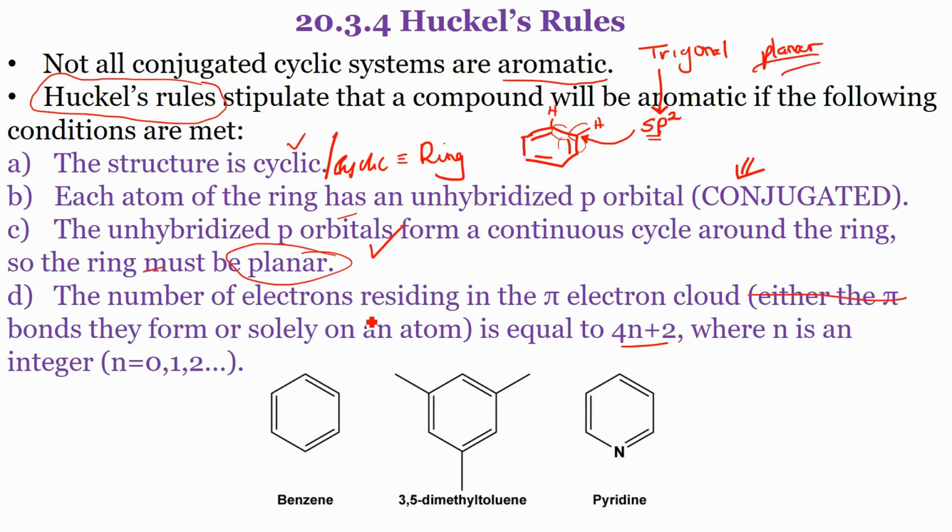I don't know what this means, too much English for me. So I'm just continuing to read. The number of electrons residing in the pi electron cloud is equal to 4n plus 2, where n is solved to an integer or 0. So in other words, n must not solve for a fraction. That's what I want you to write down.